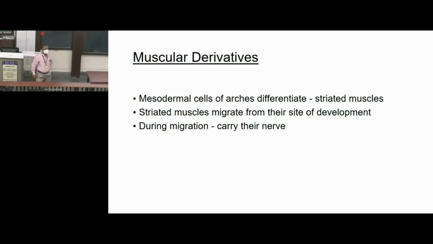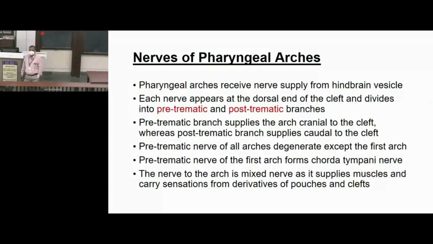Then coming to the nerves of the pharyngeal arches. Pharyngeal arches, because of their location, are very close to the hindbrain. So, therefore, whichever nerves arise from the hindbrain vesicle are going to supply derivatives of the pharyngeal arches. Each nerve appears at the dorsal end of the cleft and divides into two branches. So, there is another term now, trema.